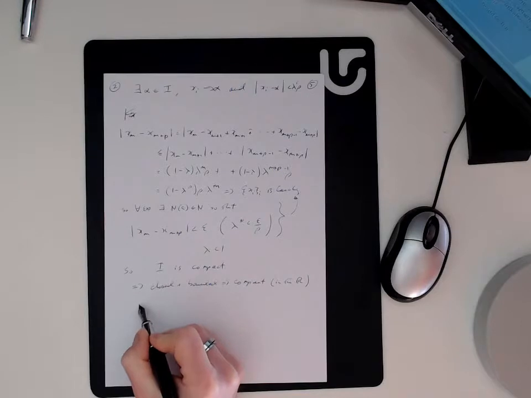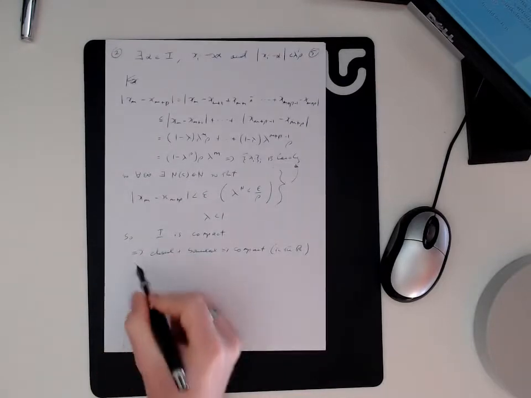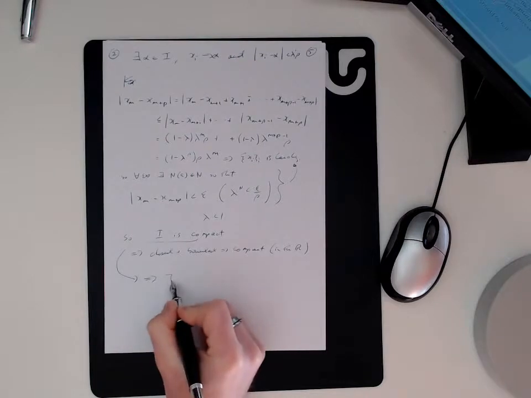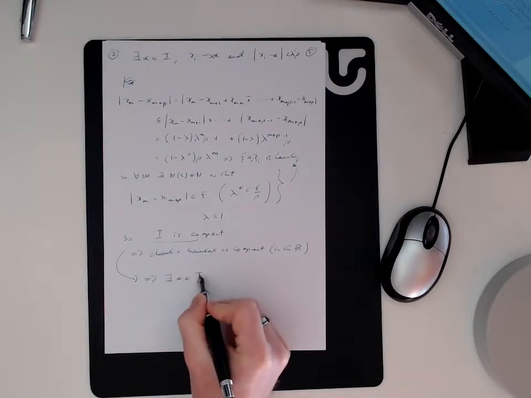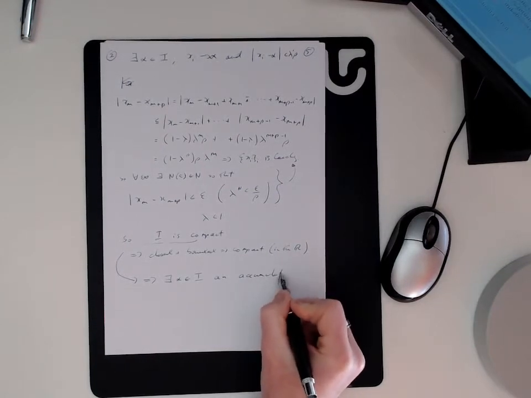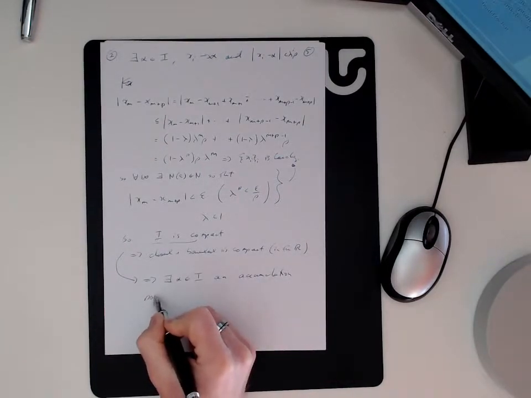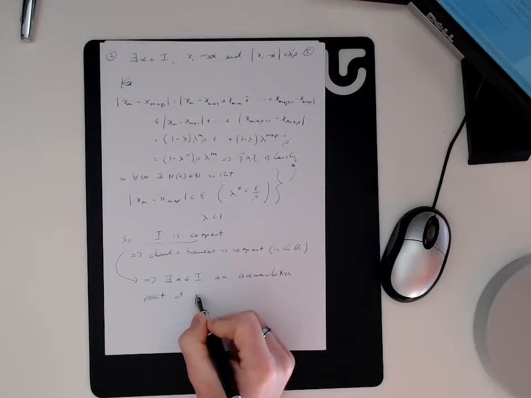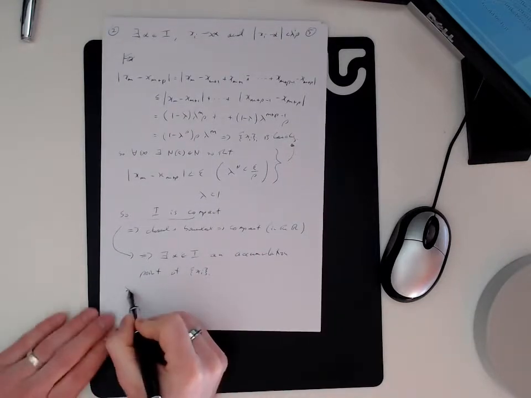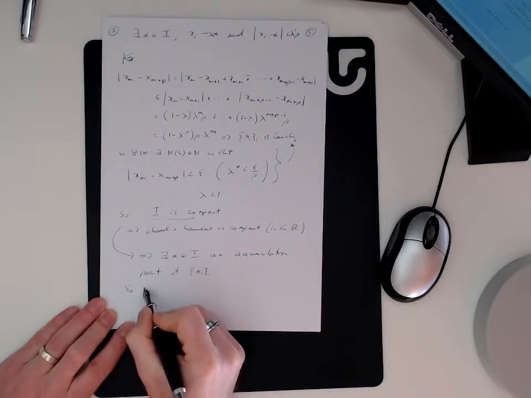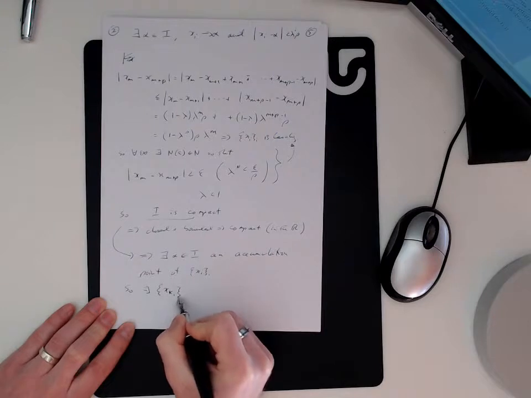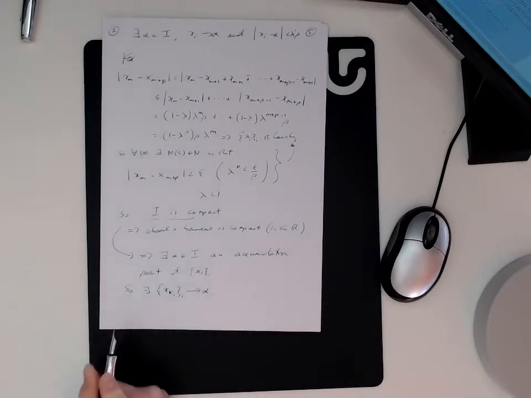And the main point about compactness is, so compact implies that there exists alpha, an element of I, an accumulation point of the sequence x_i. So that means there exists a subsequence that converges to alpha.